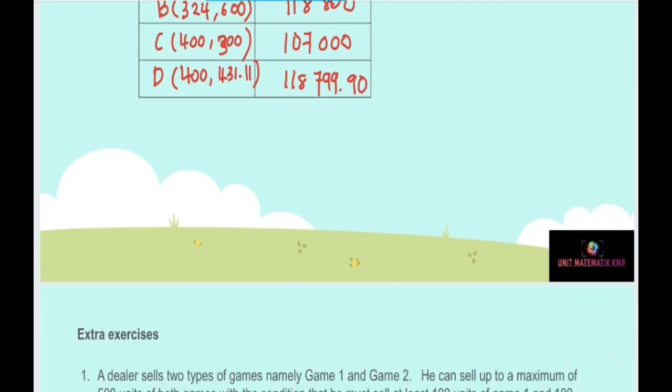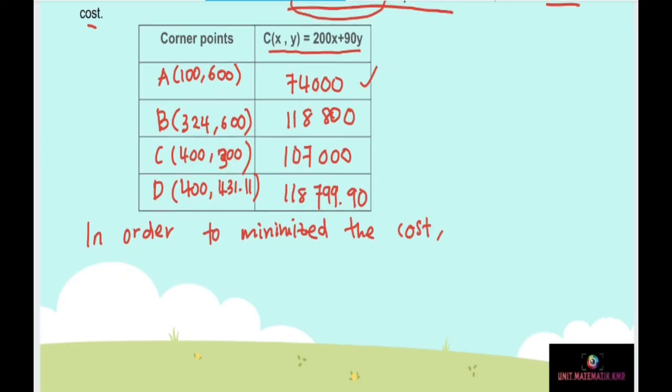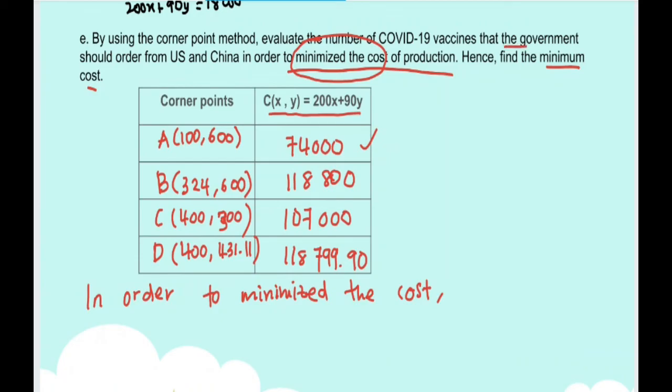And then we need to do the conclusion. Okay, so in order to minimize the cost, we answer back the question. Here the government should order how many units of COVID vaccines from US and how many units of COVID vaccine from China.